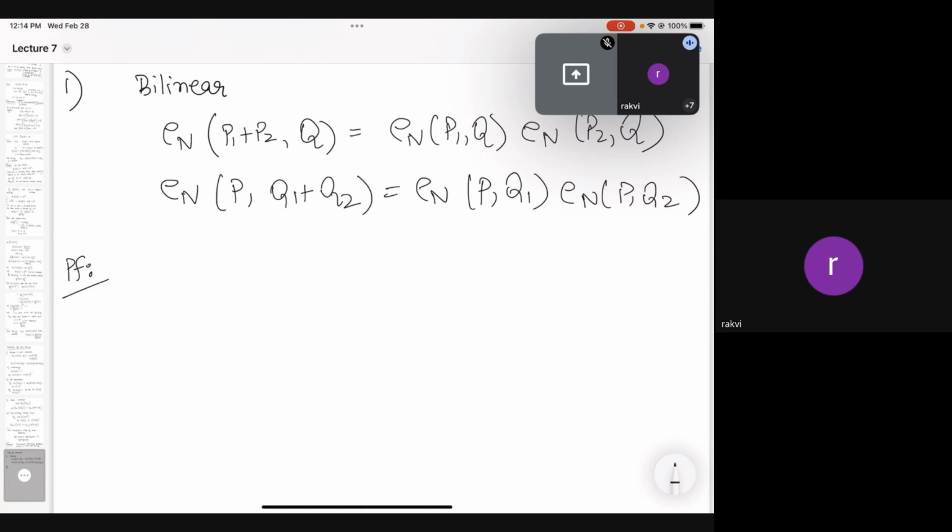So let's show that En of P1 plus P2, Q is equal to this product.